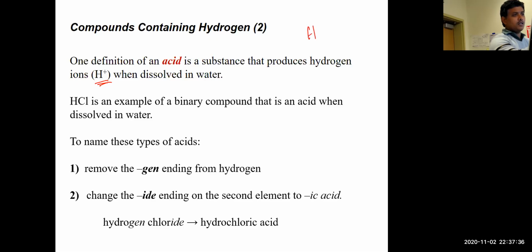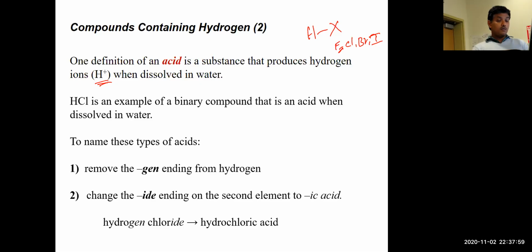When hydrogen is connected to any one of the halogens, like chlorine, bromine, or iodine, it results in acidic hydrogen. That's all you need to know. So any combination of hydrogen and a halogen is an acid, and you need to name them differently. How do you name them?